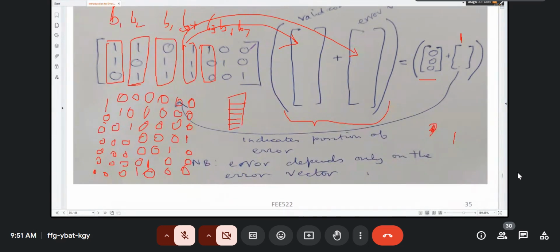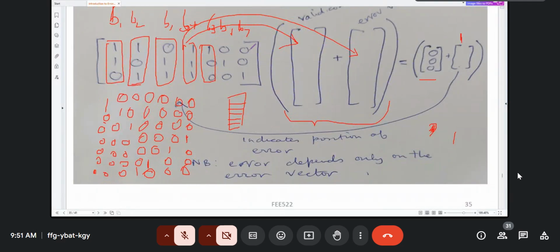So whenever you talk about distance, you must be talking about 2 code words or more. When you have only 2 code words, we talk about the distance. When you have more than 2 code words, then you can talk about the minimum distance, which is the lowest distance between any 2 of them. In our case, we talk about the minimum distance because it's very important.